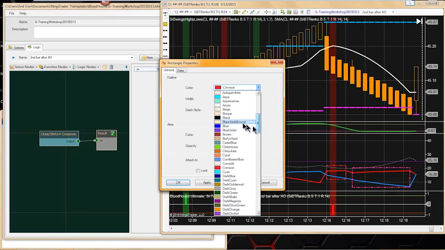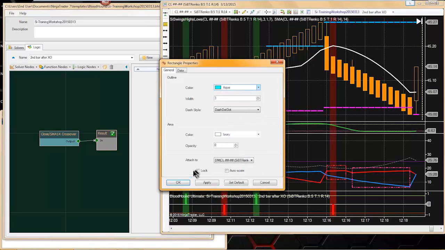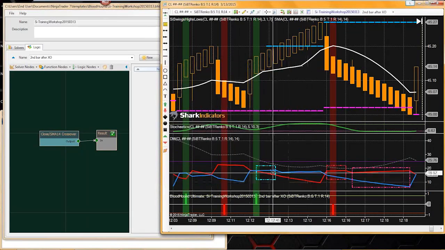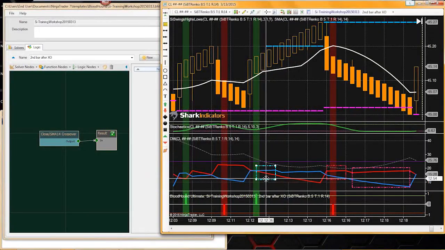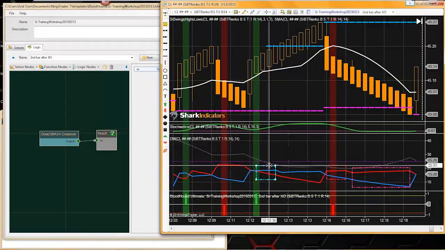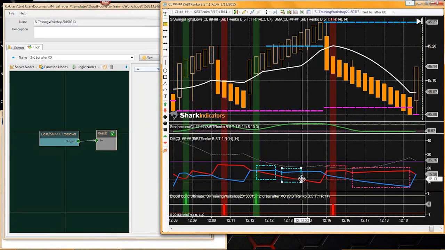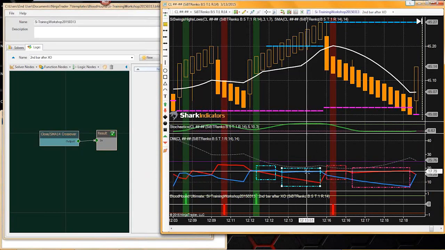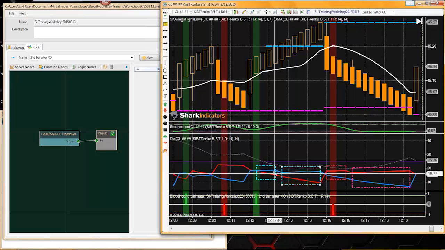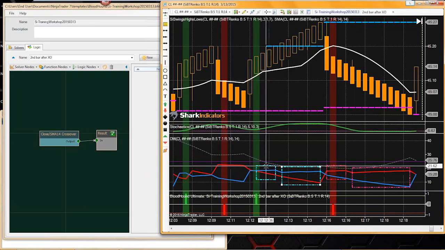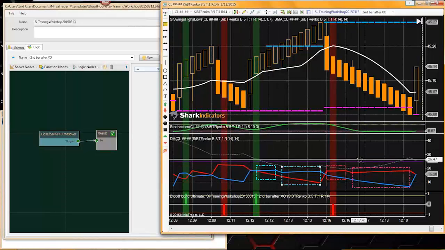And all right, I'll just use blue. All right, so I'm gonna make an assumption here. So these squares are marking the areas where the DIs are diverging, but they're also telling us kind of the direction of the DIs as well, right? So we'll find these spots here.